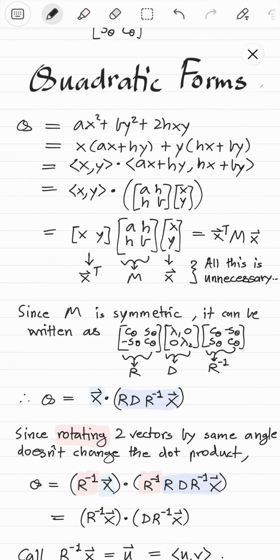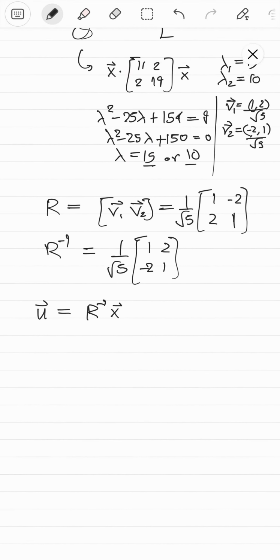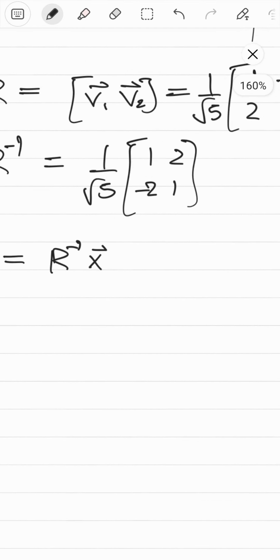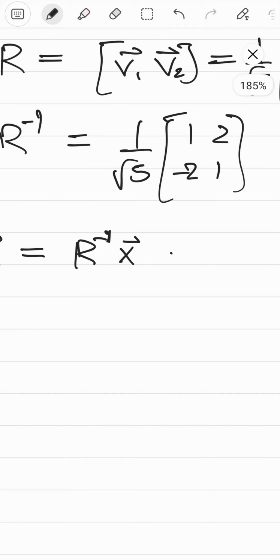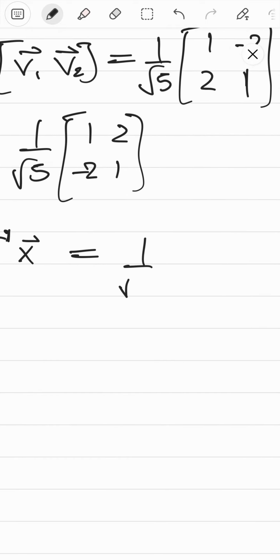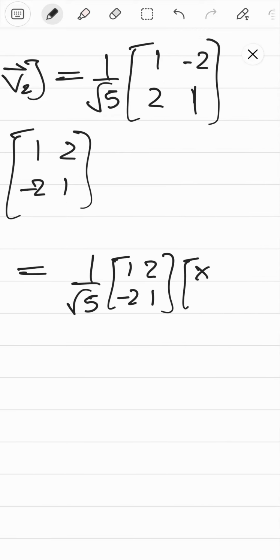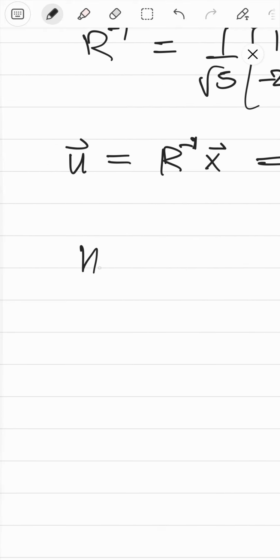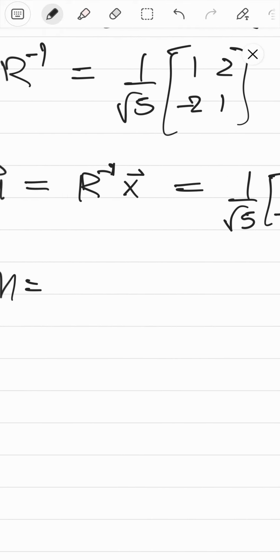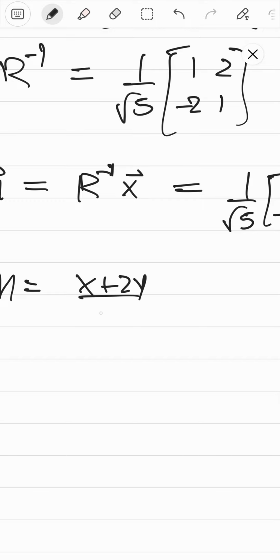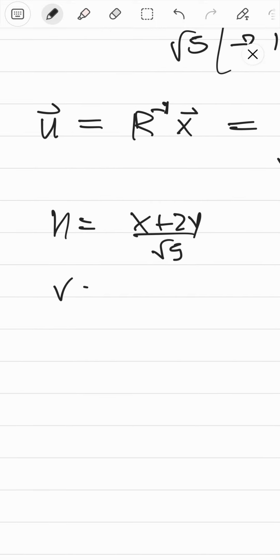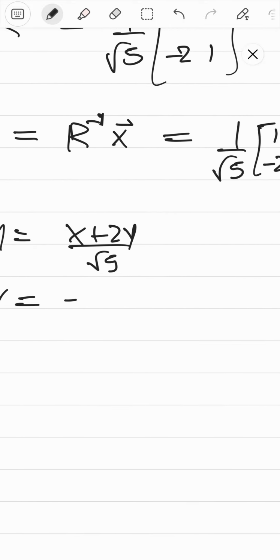So u vector is just R inverse x vector, which is 1 upon square root of 5 times 1 2, negative 2 1, times x comma y, right? So our u is just x plus 2y upon square root of 5, and v is negative 2x plus y upon square root of 5.